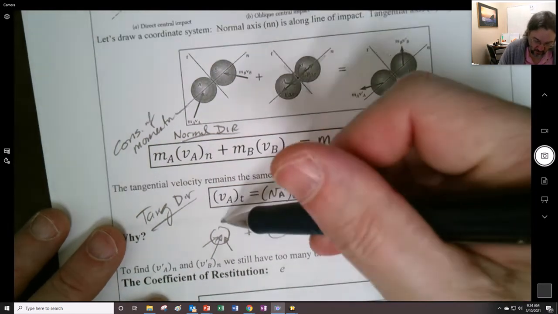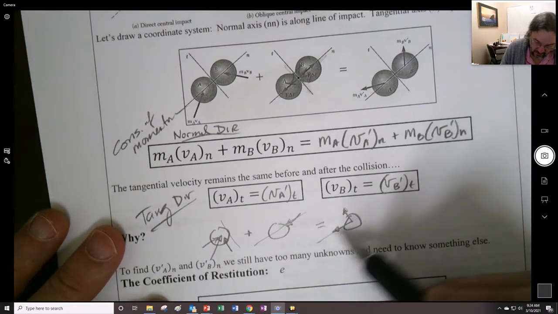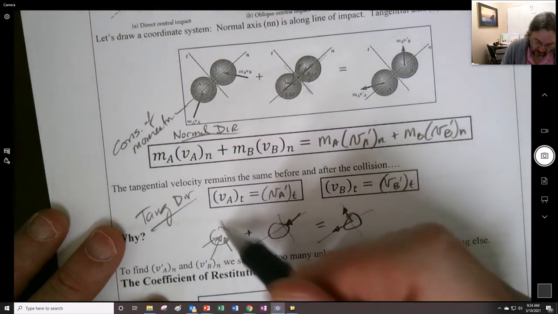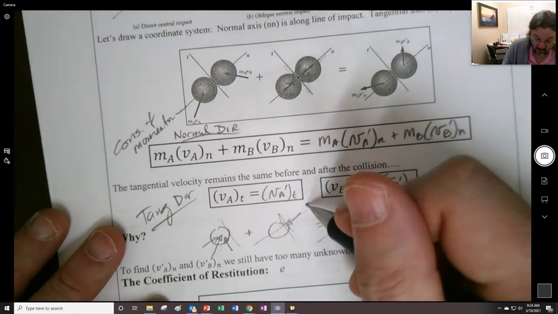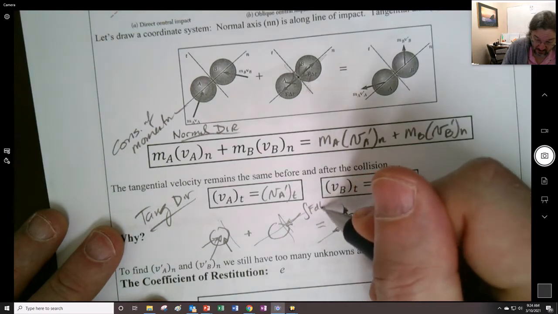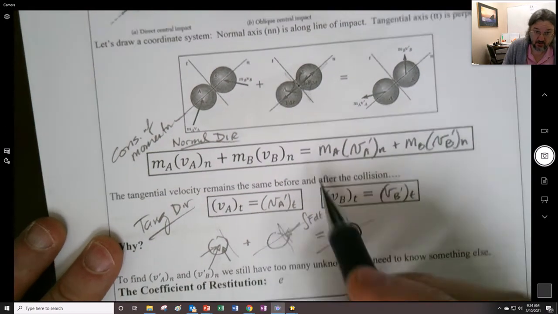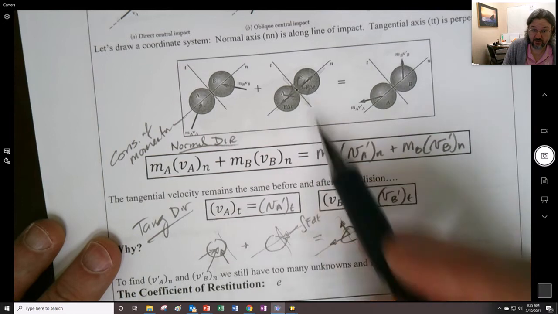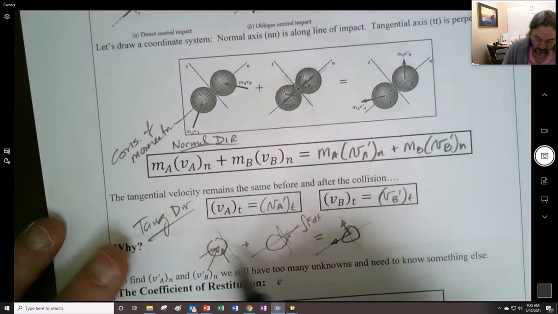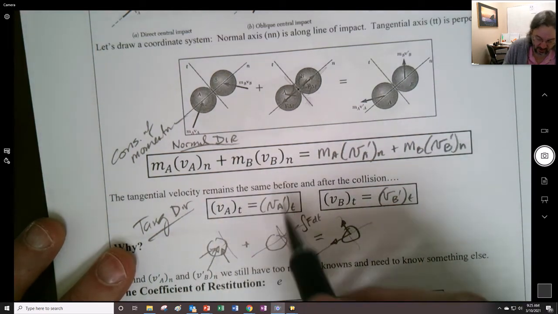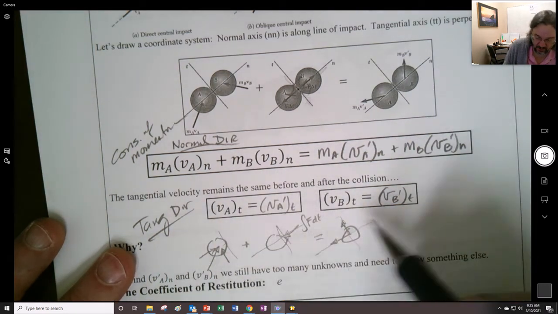If we just isolate this in the tangential direction only, we are only going to look at this because we don't know what this impulse is. We were able to get rid of it when we had two particles. When we have a single particle, we only look in the tangential direction, and you can see there is no impulse here.